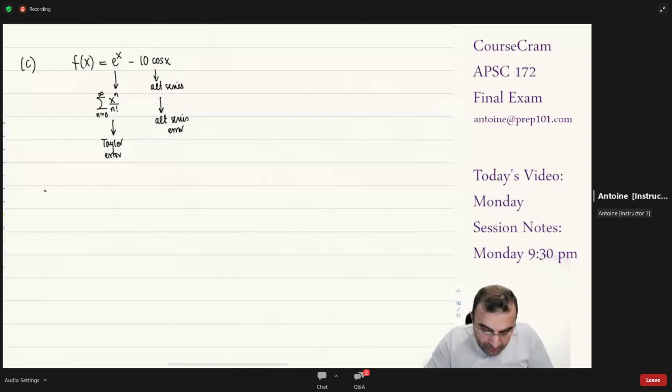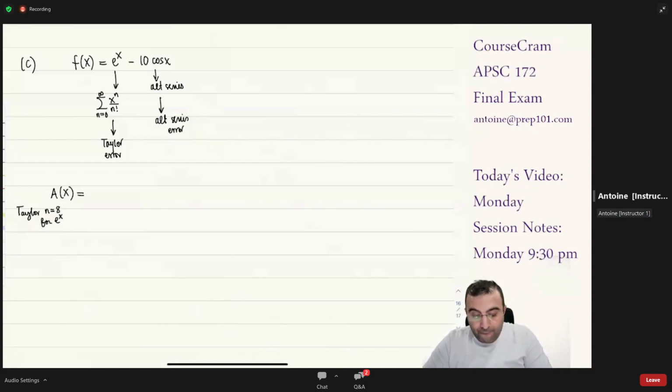Look, so if you take, it was called A of x, this is the Taylor polynomial of degree 8 of e to the x. So this is Taylor n equal to 8 for e to the x. We found it to be 1 plus x plus x to the 2 over 2 plus dot dot dot. The last term was x to the 8 over 8 factorial.